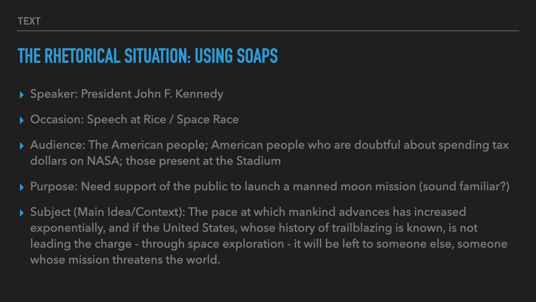And then, of course, the immediate audience, those present at the stadium. But that audience isn't why he wrote the message. So technically, they're a part of it. And I don't want to say that they don't need to be acknowledged, but it is relatively negligible because if you look at the context of the speech, he is speaking to a much broader audience.